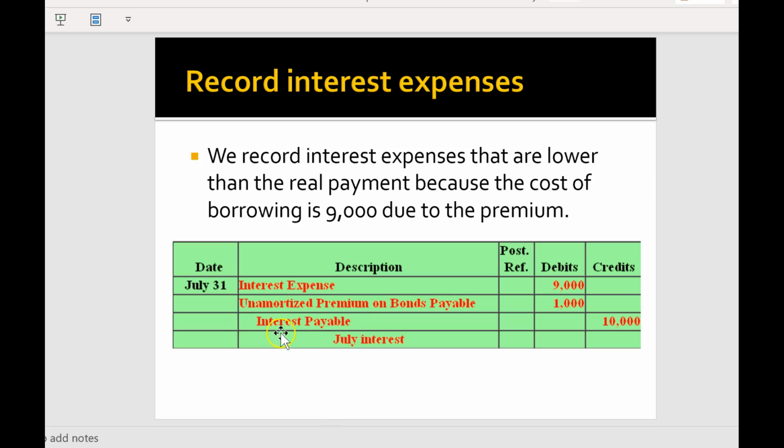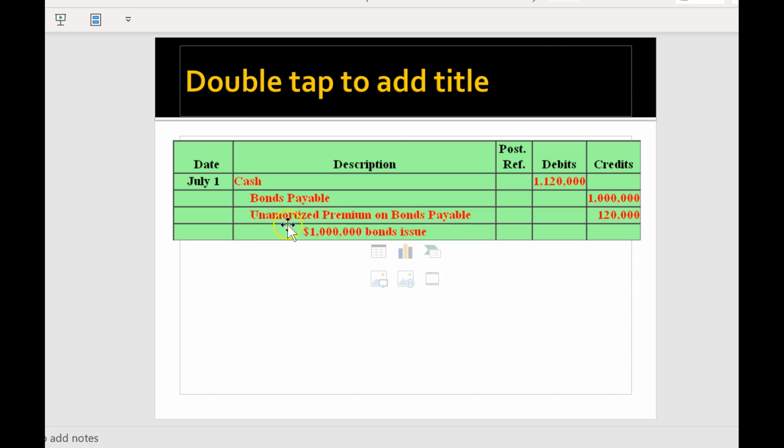So I'm going to credit interest payable 10,000 because that's really how much I will pay using cash in 6 months. And I'm going to debit the difference between these two, $1,000, as unamortized premium on bonds payable.